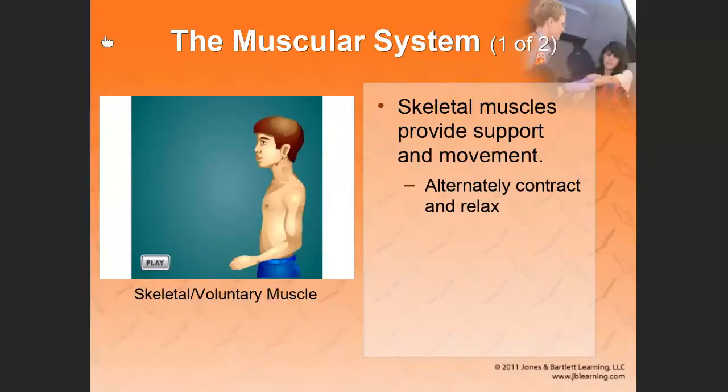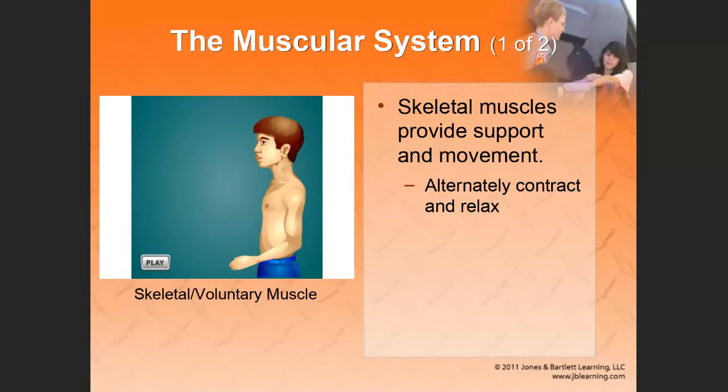The musculoskeletal, muscular system. I'm going to spend a lot of time on this system. The skeletal muscles provide support and movement, and alternately contract and relax for that movement to be coordinated. And there are 3 types of muscles in the body.